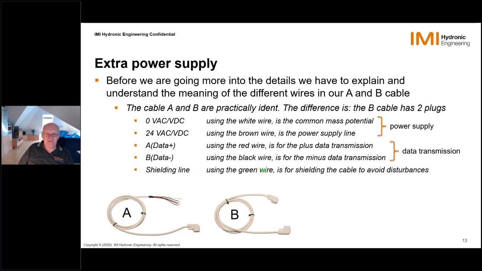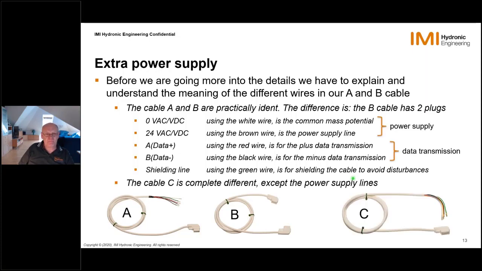In that case, we are using a green wire, and it's not only a wire here. Over this long cable, there is also a shielding element, a cover, to avoid disturbances in the data transmission. And the C cable is absolutely different. There are only the two power supply lines in this cable.